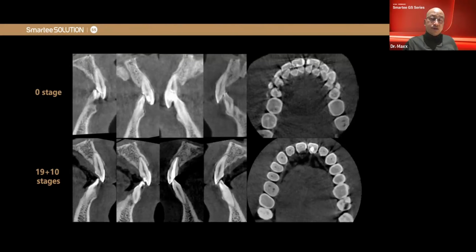Why can I do it? Because I trust Smartee. I'm the Smartee boy. Yes, thank you. Because Smartee could let me do it. So we got a good result. And the patient is very thankful to us.